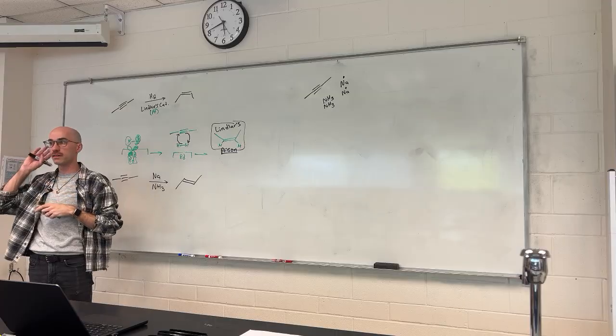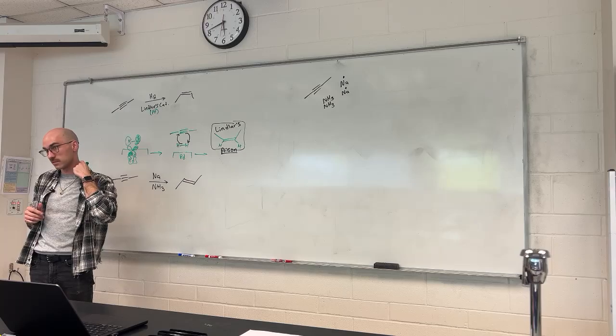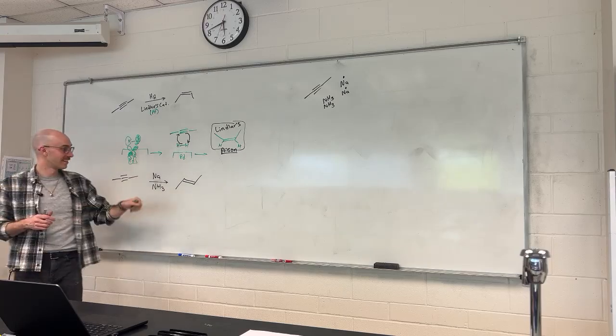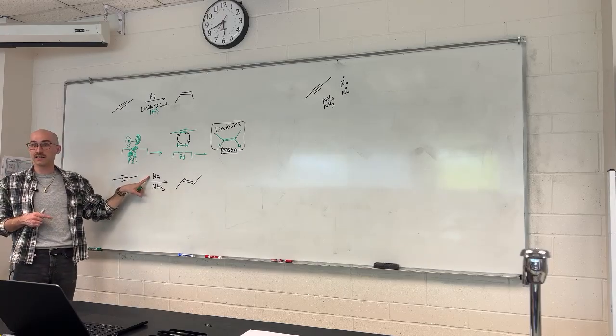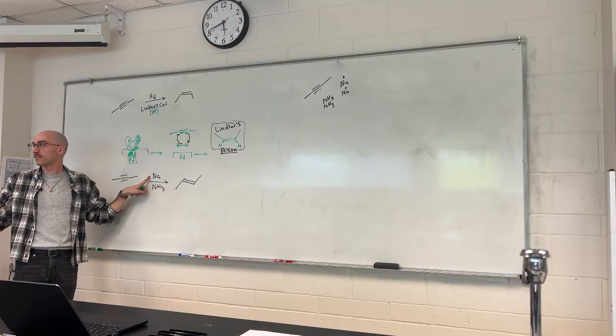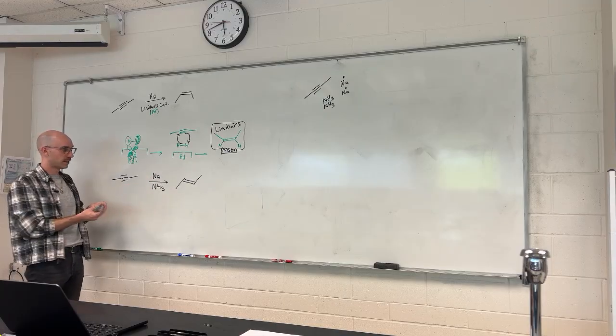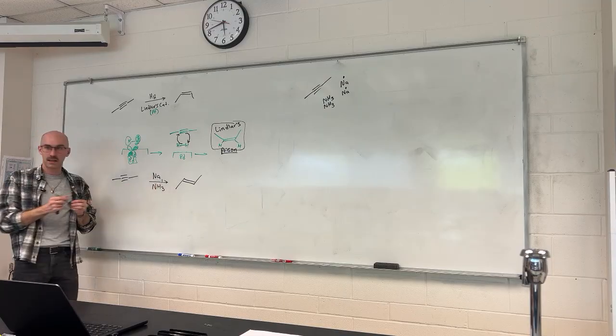I drew a what? A radical. Why? Because it's not an ion. If it were an ion here, it would need to have its charge, or it would need to have a counter ion. But there's no counter ion. Ammonia is neutral. There's a comma after sodium.